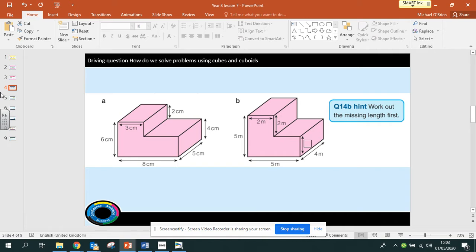Notice with the second one, 14b, that you are actually missing one of the measurements. You're going to have to calculate that yourself. If you look carefully at the shape, there is enough information for you to work it out, and we shall be returning to that in a moment. Okay, pause the video, have a go at these shapes yourself.